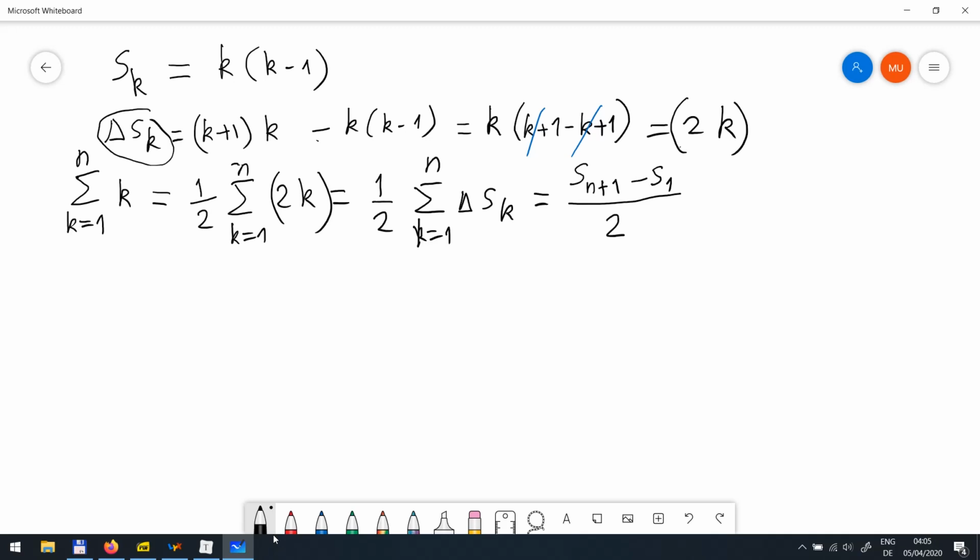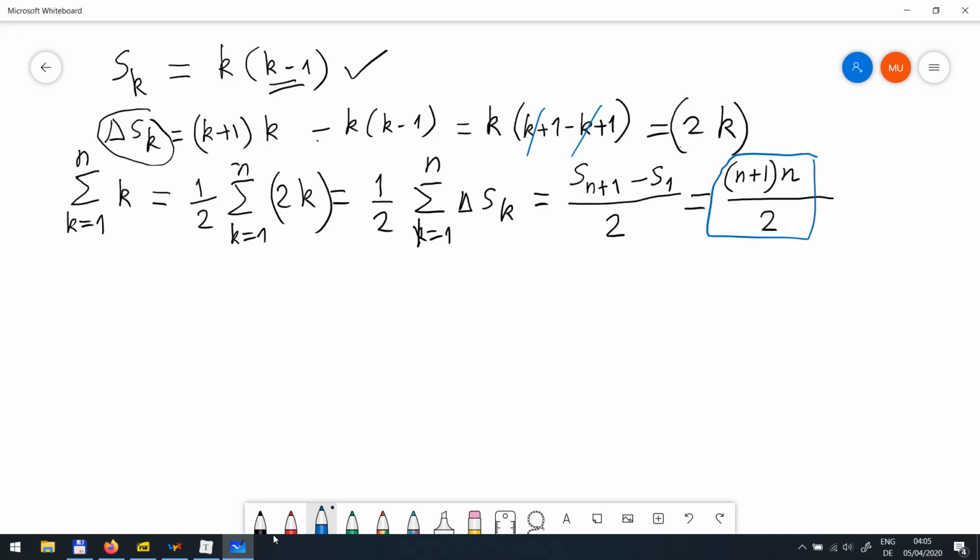S is this one, so just plug n plus 1 there, so k will become n plus 1 and k minus 1 will become n. For k equal to n plus 1, the plus 1 and minus 1 cancel out, and for setting k equal to 1, the 1 minus 1 will cancel out, so you have minus 0, and you can see that that is exactly the answer you were expecting.